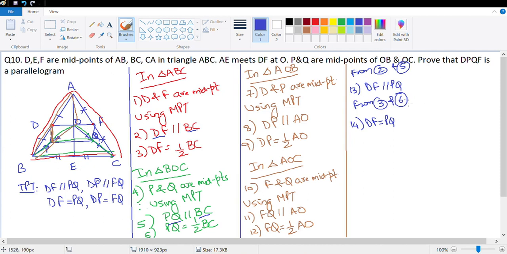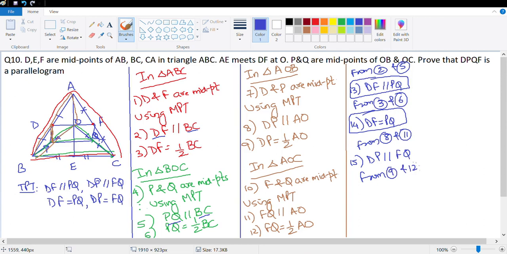That should finish my question, but we've already proven the other side also, so let me write that as well. From number 8 and number 11, what I get is number 15, which is DP is parallel to FQ. And from number 9 and number 12, what I get is number 16, which is DP is equal to FQ.